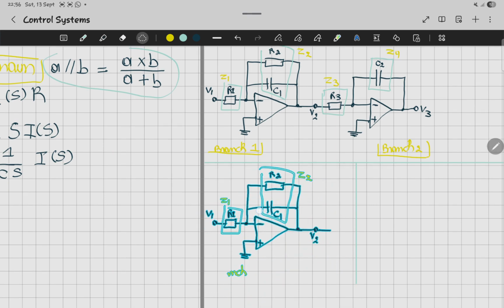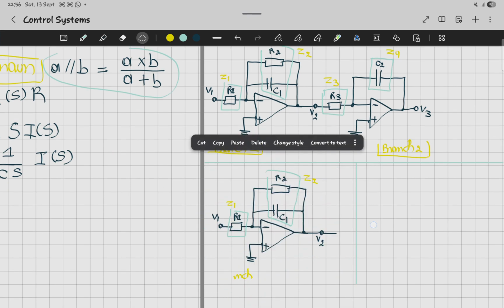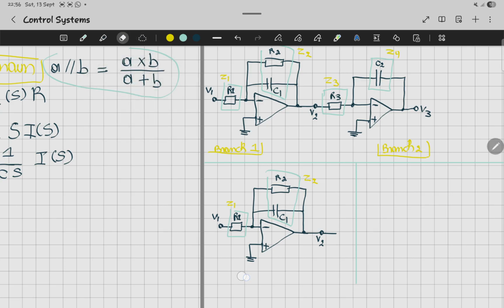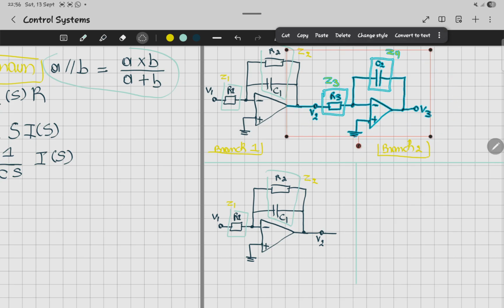Now on this side, we're going to take from Z2 all the way to V3. Sorry, from V2.